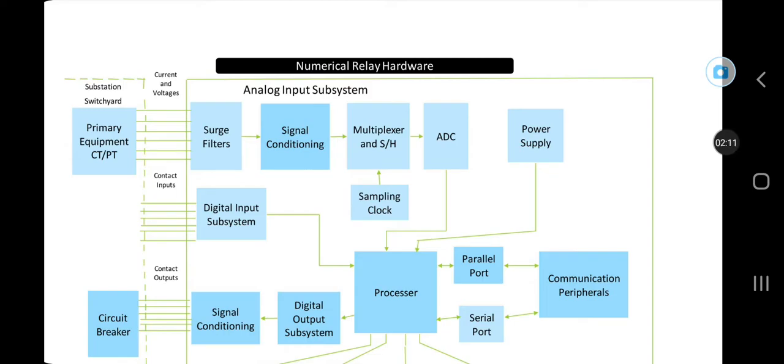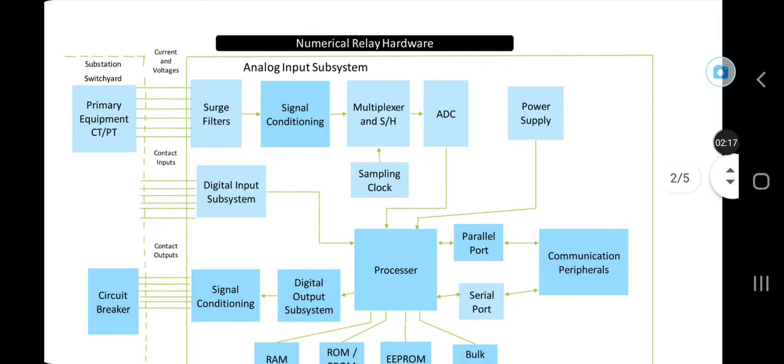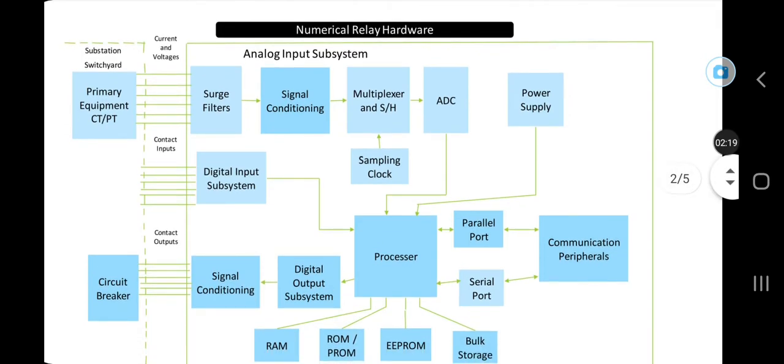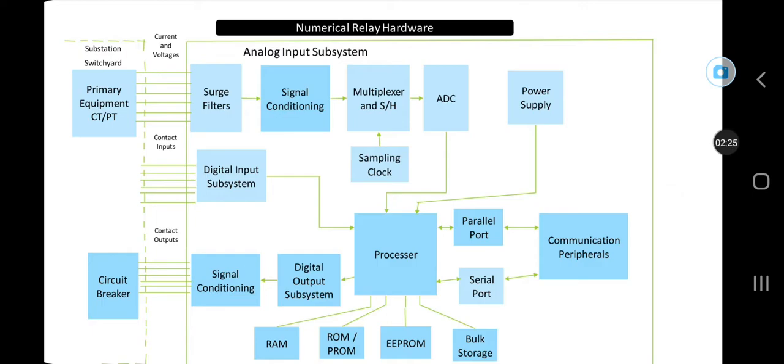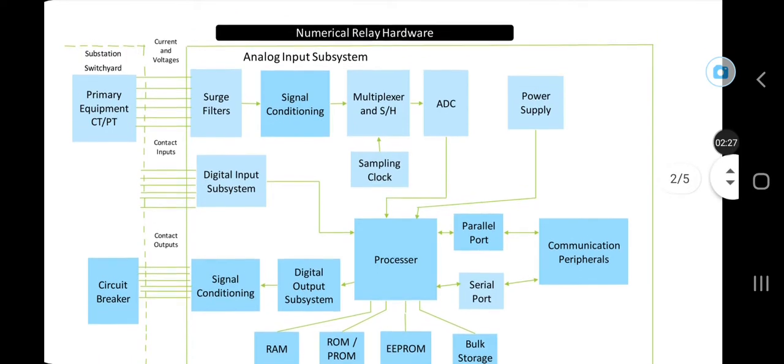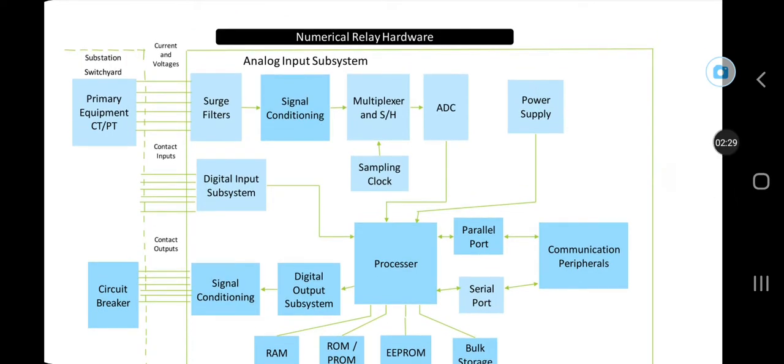In the analog input subsystem, analog signals like currents and voltages are derived from the switchyard of the substation. These analog signals are then multiplexed, sampled and converted to digital signals. This process is nothing but discretization in the area of digital signal processing.